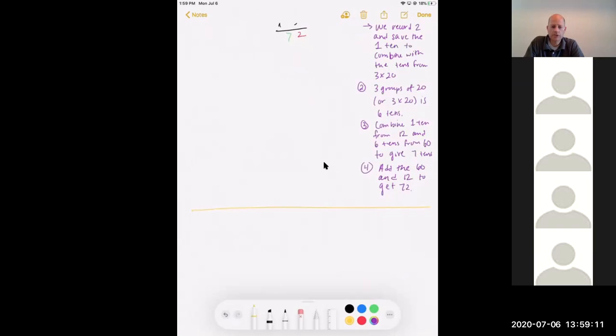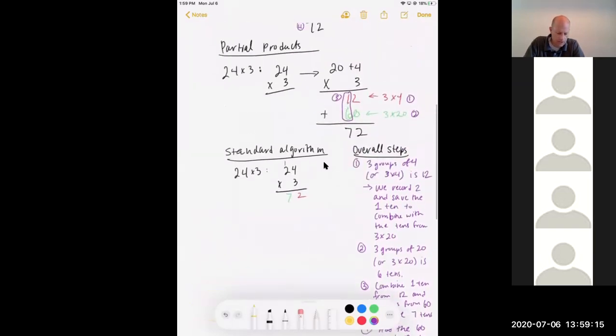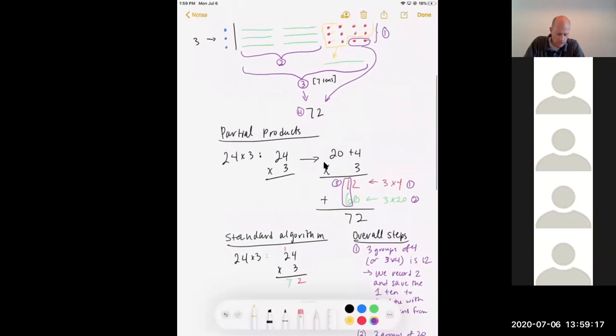We did a simple 2-digit by 1-digit example. The partial products works because we are doing 24 times 3. And this is the mental math connection, because we've been doing this for all of our mental math.